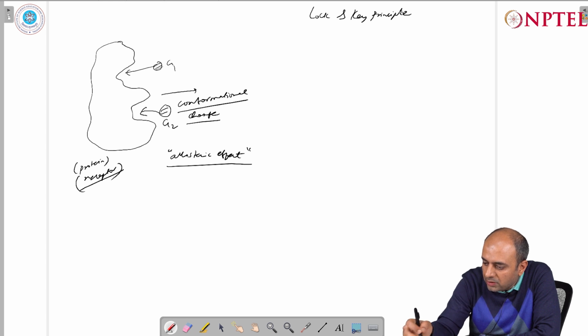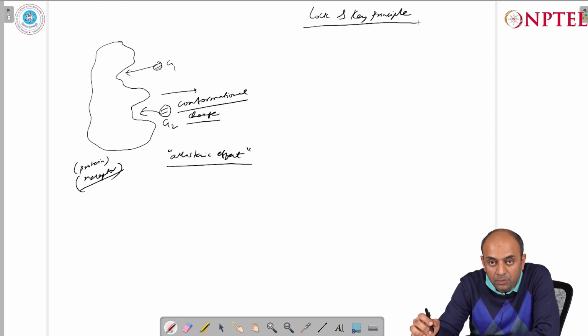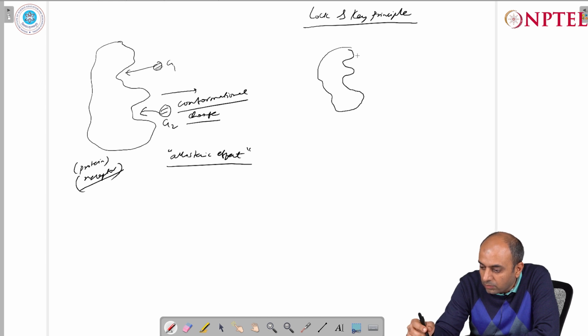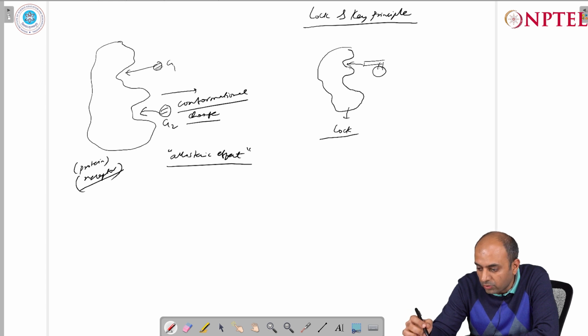The lock and key principle, as we discussed, was proposed by Emil Fischer, where he said that when you have a protein in a given conformation, it is like a lock, and if you have a key, then the key will only fit into those sites where it is possible to have good molecular recognition.